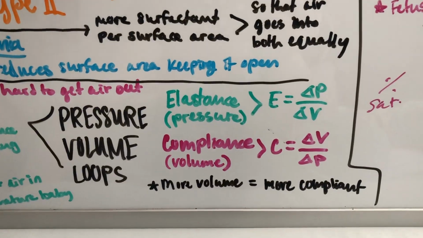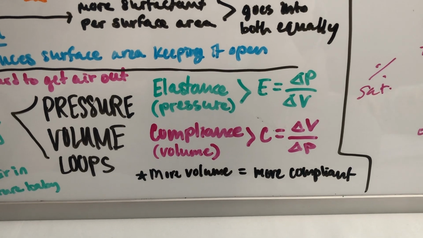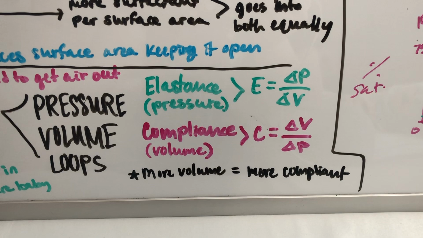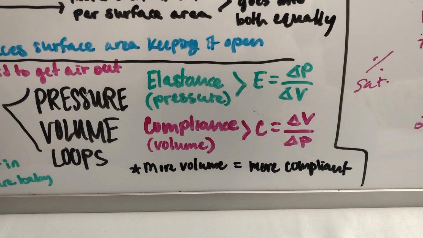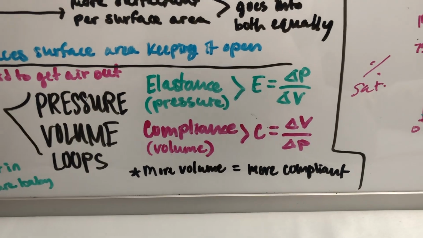So we have two equations. Elastance is E equals the change in pressure over the change in volume. And then we have compliance, which is C equals the change in volume over the change in pressure. So the more volume, the more compliant, and the less volume, the less compliant.